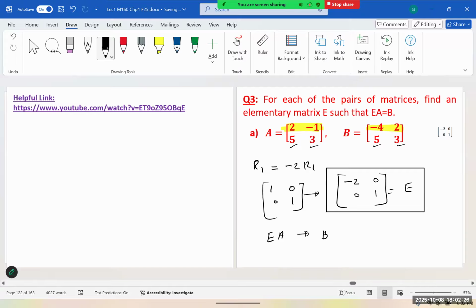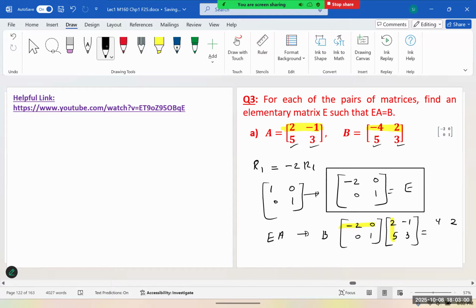So if you want to see if it's true or not, you can take negative 2, 0, 0, 1 and multiply with 2, negative 1, 5, 3, just to check your work. When you multiply, we do row and column. So you get negative 2 times 2 is negative 4 plus 0, and then negative 2 times negative 1 is positive 2.